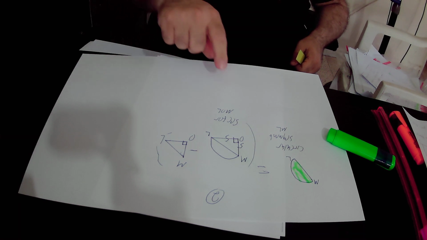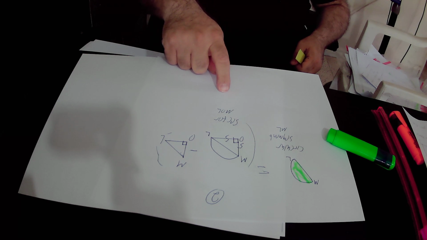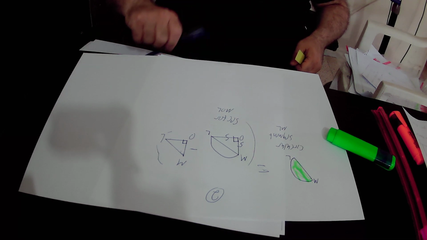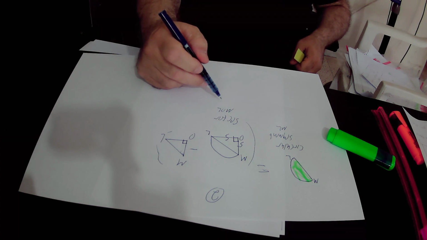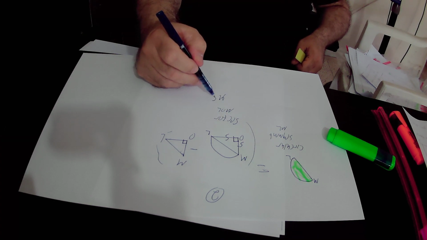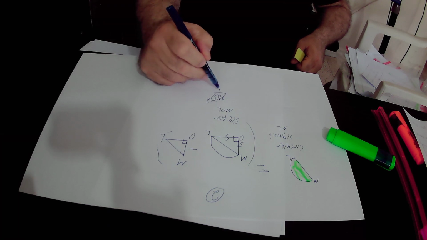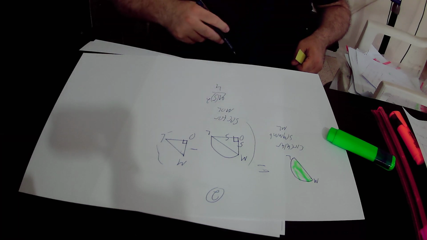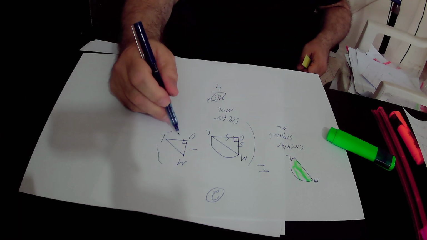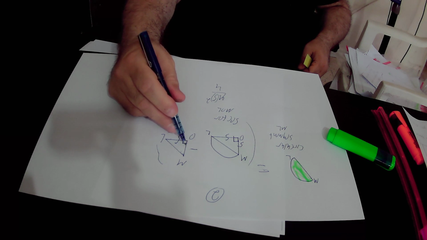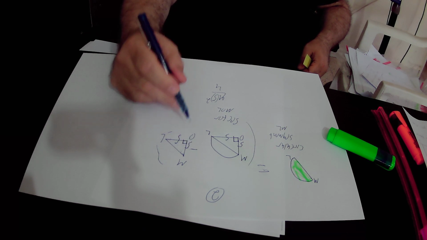That is to say, the area of this quarter circle MOL will be equal to pi r squared, and r equals 5, so it is pi 5 squared over 4. So this is the area of sector MOL minus the area of triangle MOL.